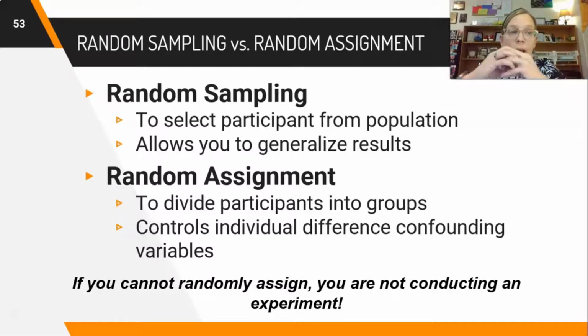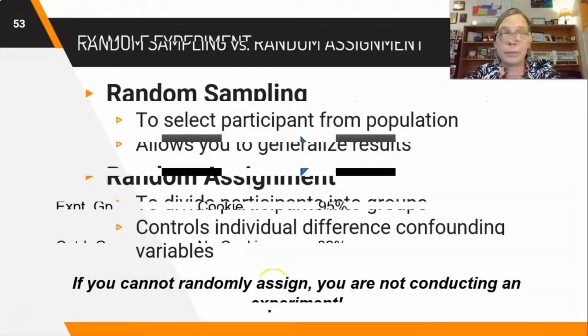So we're going to divide them into control versus experimental group randomly as well. And this will prevent individual differences like personality type, age, level of course from affecting our data. If you can't randomly assign people to groups, you are not conducting an experiment. So this is essential to experimentation.